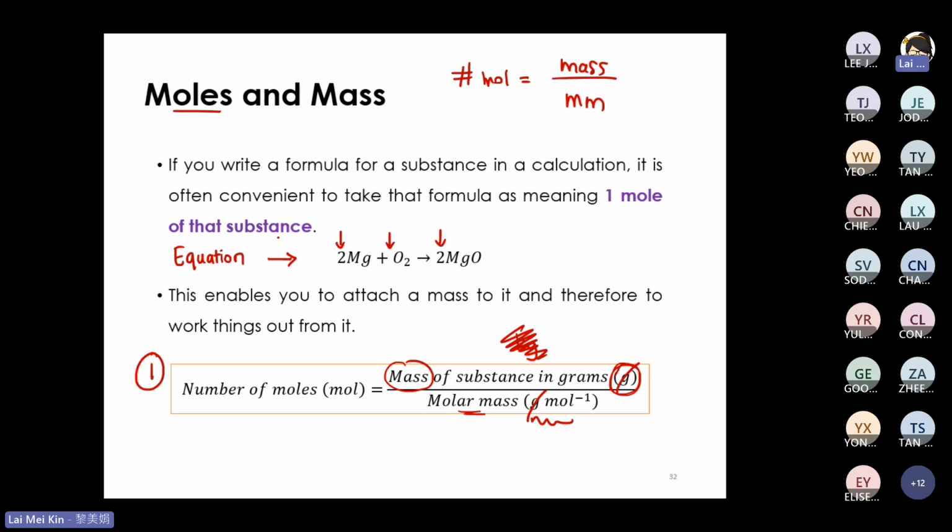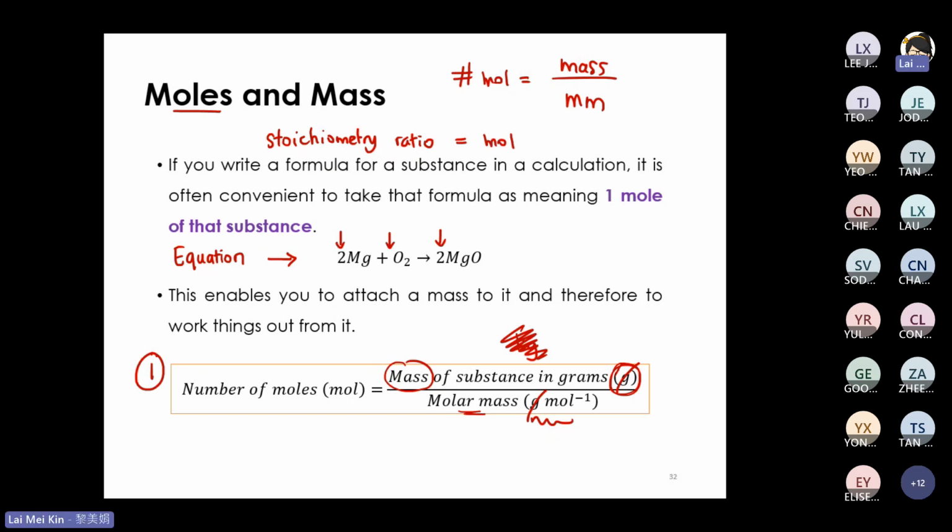This number in front, we call it stoichiometry ratio. Stoichiometry means the chemical equation, and the ratio means the number that you have in front after you balance. So this stoichiometry ratio here can be used to represent the number of mole.